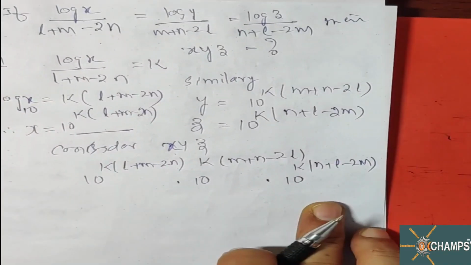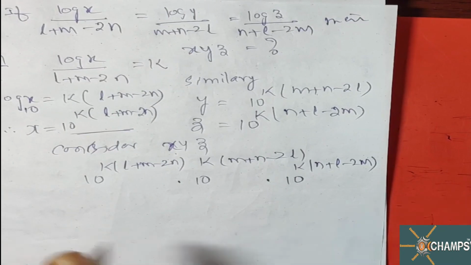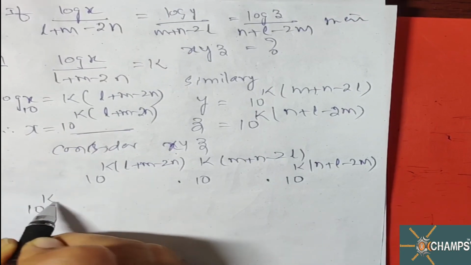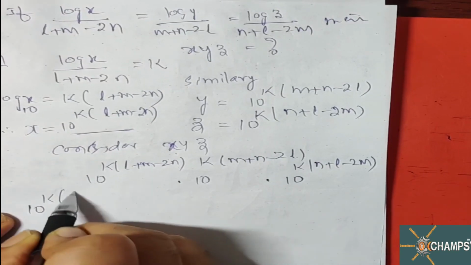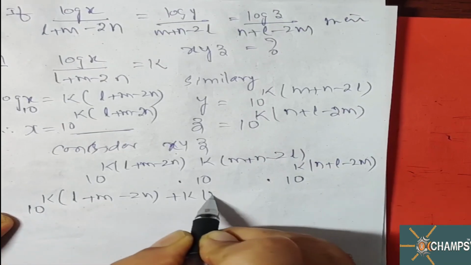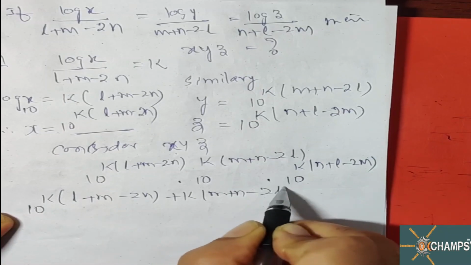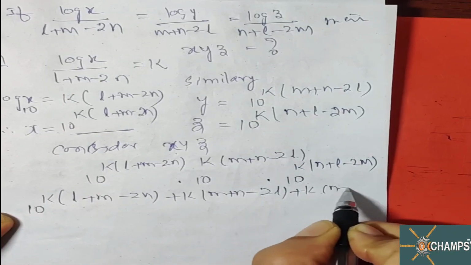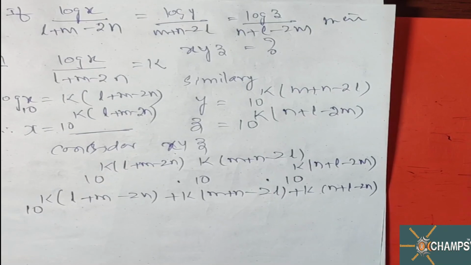Bases are equal and there is a multiplication sign, so powers can be added: 10 to the power of k into l plus m minus 2n plus k into m plus n minus 2l plus k into n plus l minus 2m.